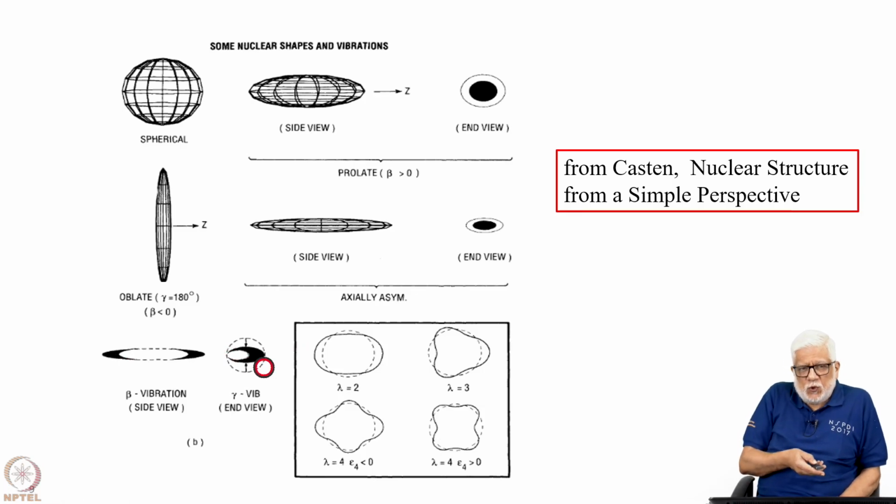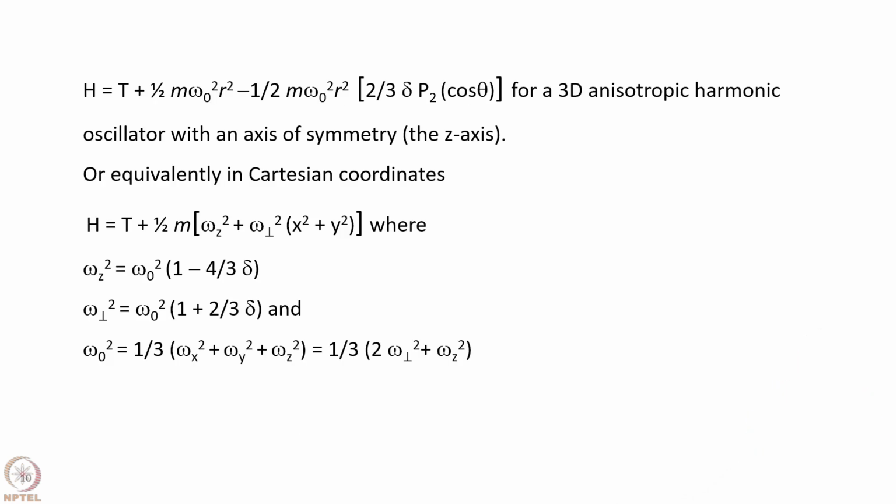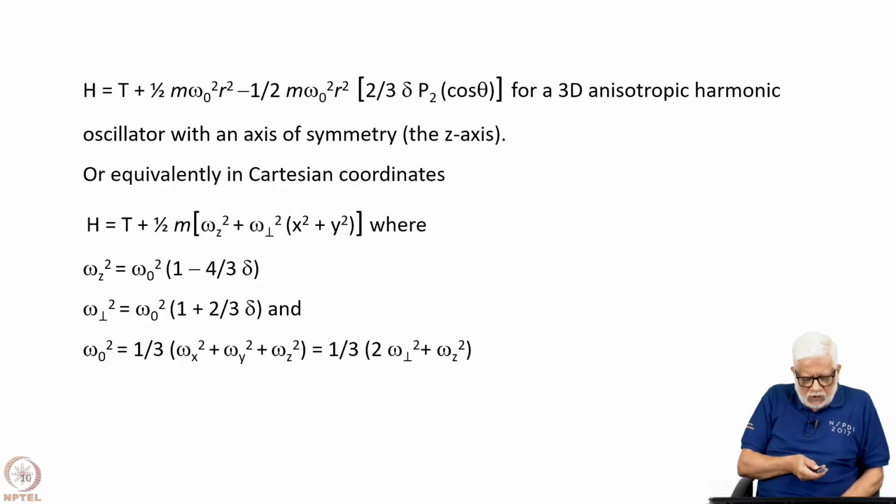Because in the case of quadrupole, those are the two parameters that you have. So, the Hamiltonian now, if you continue with a harmonic oscillator and its extension, then you have a harmonic oscillator potential which we started out with for the spherical case, which only depends on r.